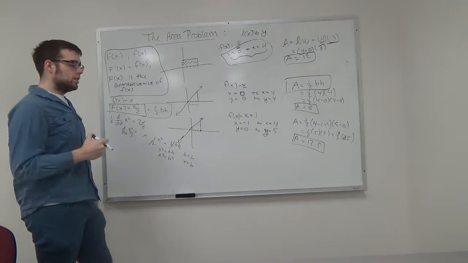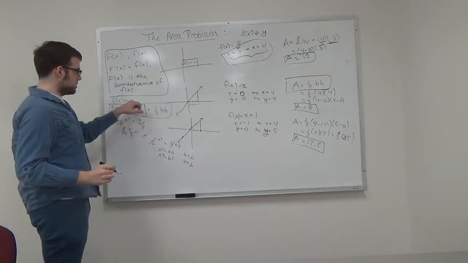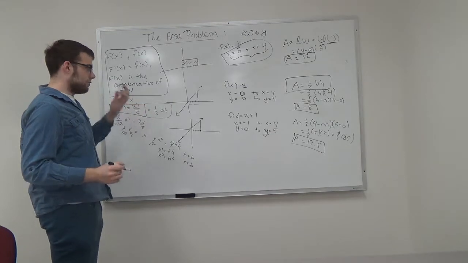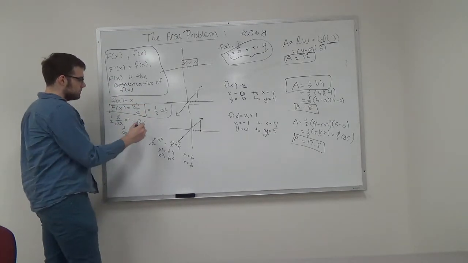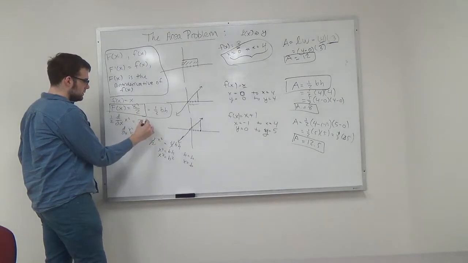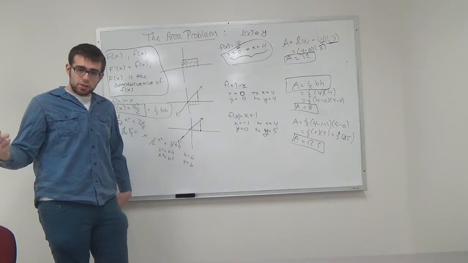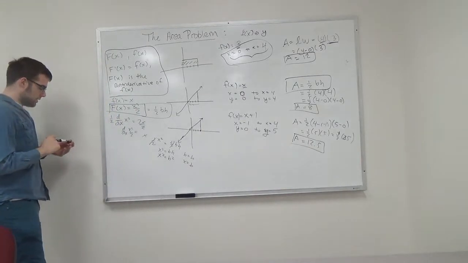Let's go one step further and actually plug in values. We have x is equal to 4. 4 squared is 16, divided by 2 is 8. So therefore, this is true.